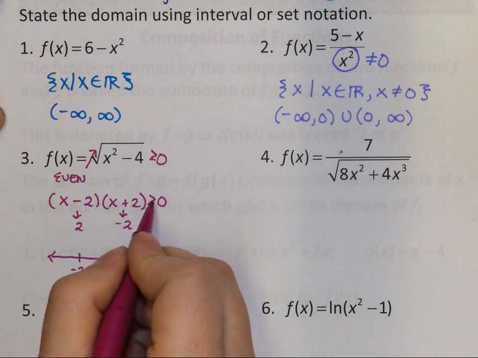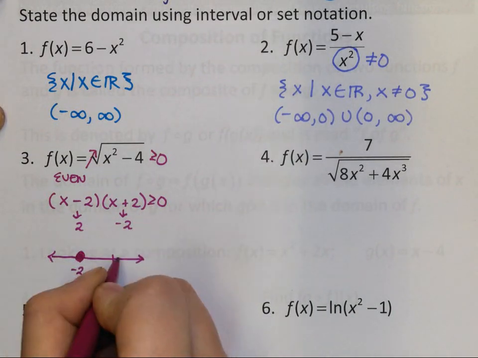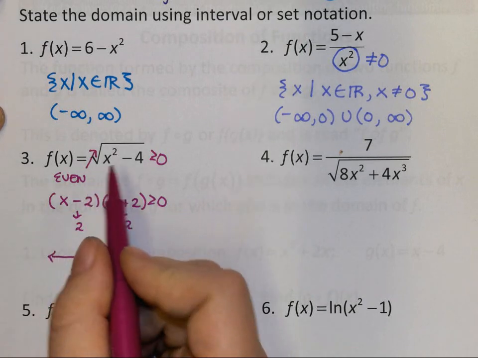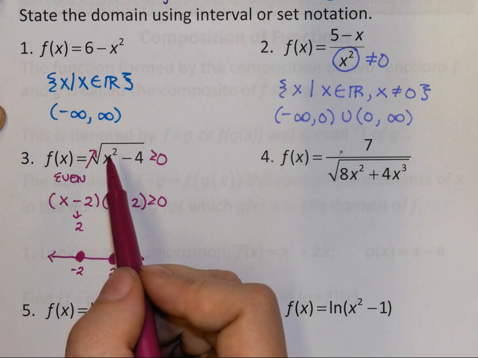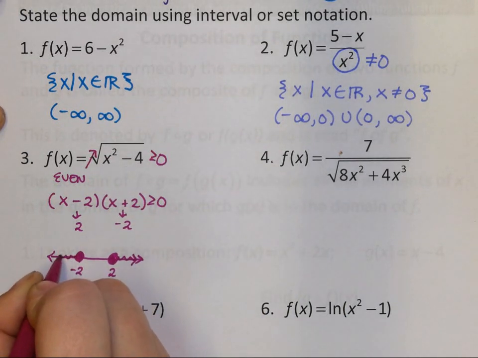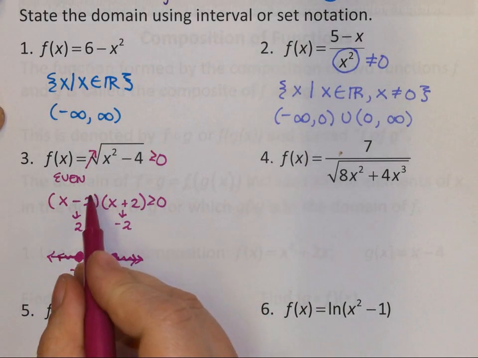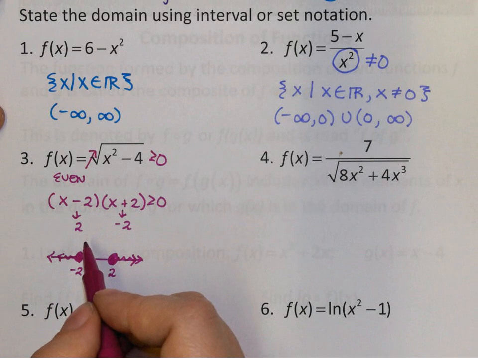Now, I know, open or closed? Closed. And if you can't tell by looking at the problem, for example, I can tell that this graph opens up because it's a positive x squared, and so the positive values will be on the outside. If you cannot do that, plug in values to see if it's positive. If it's positive, shade there. If not, don't.